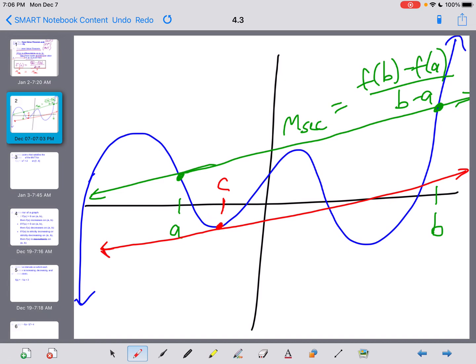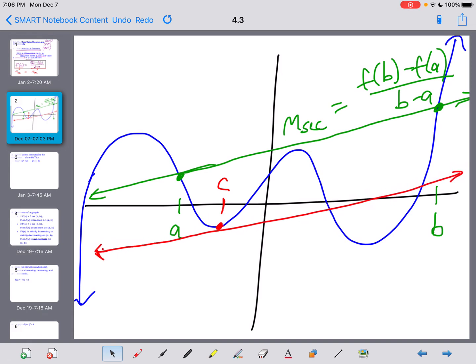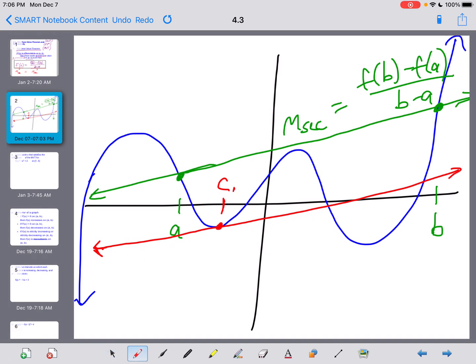But I'm hoping you would look at this and say, yeah, it's at least conceivable that there's a tangent line right there through that point that's parallel to the original green line. That, though, I think, is only one such value. I feel like there's another one maybe right about here, just shy of that peak.